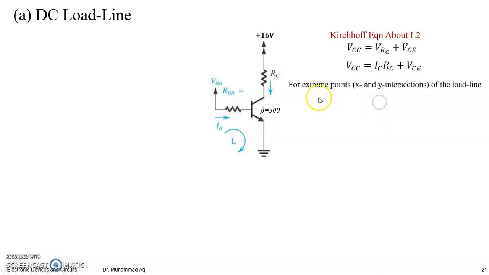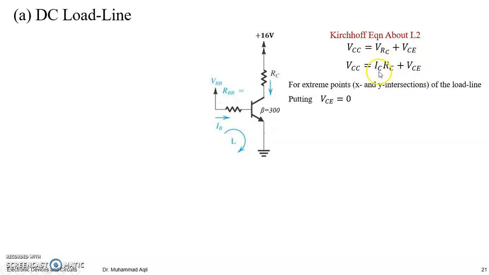And for the extreme points of the load line, these would be at the X and Y intercepts, because your load line exists in the first quadrant, having an X coordinate and a Y coordinate. So putting VCE equal to 0, because this is your X axis for the output characteristics curve and this is your Y axis.